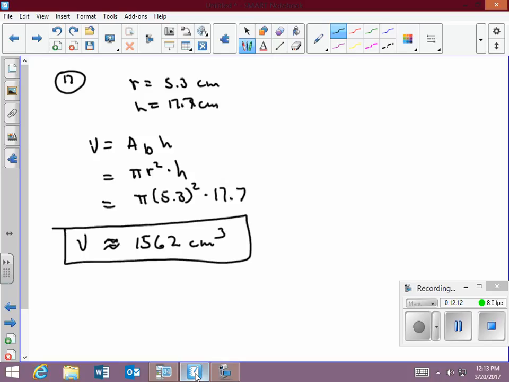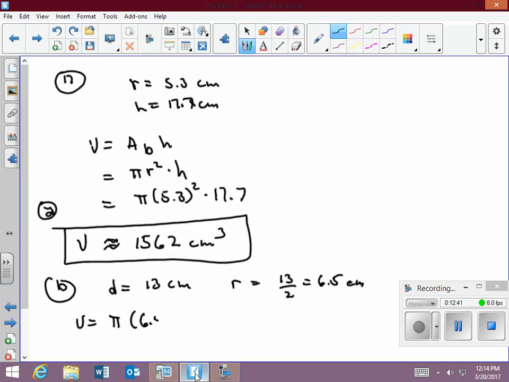And the B, this was A. And the B, they got the diameter. It's 13 centimeters. So we're going to have to get the radius. So that's going to be 13 over 2, 6.5 centimeters. And so the volume is pi 6.5 squared times, and then height is 14 centimeters.